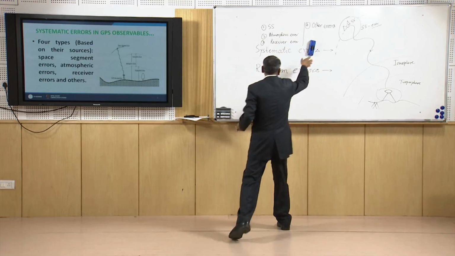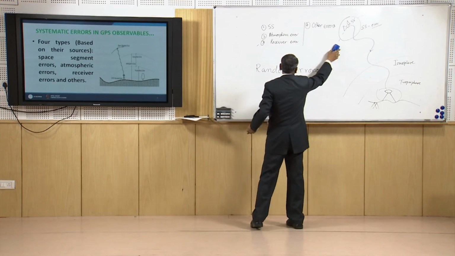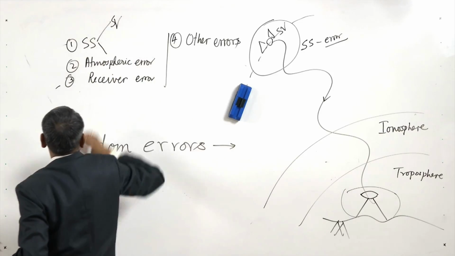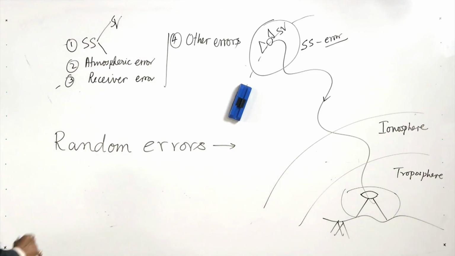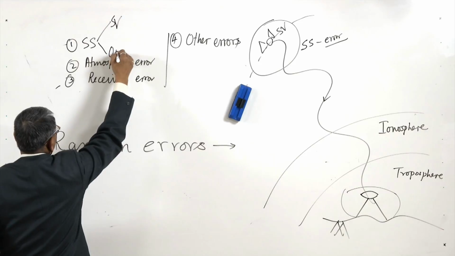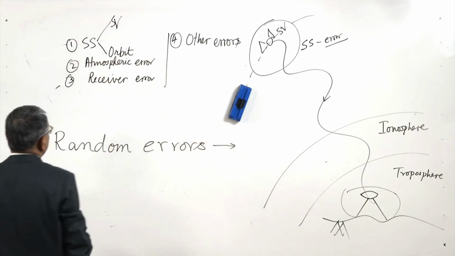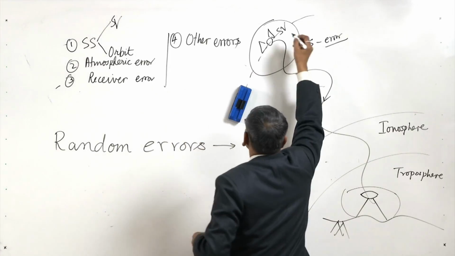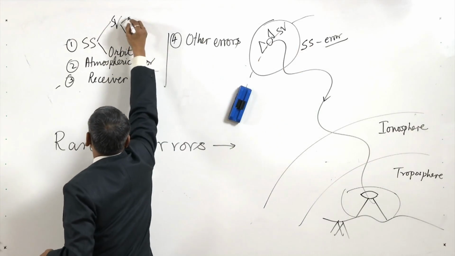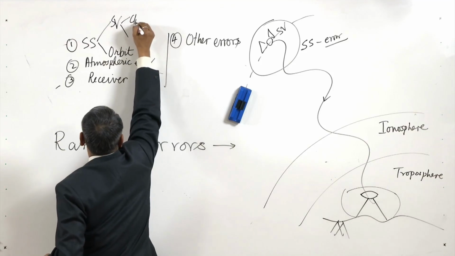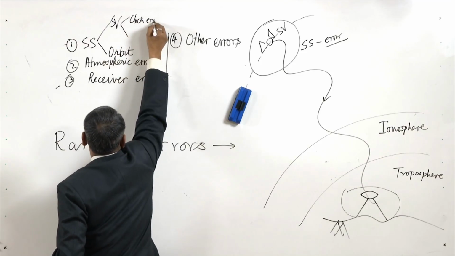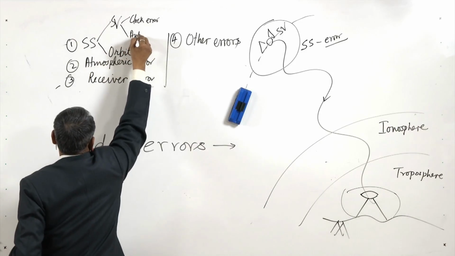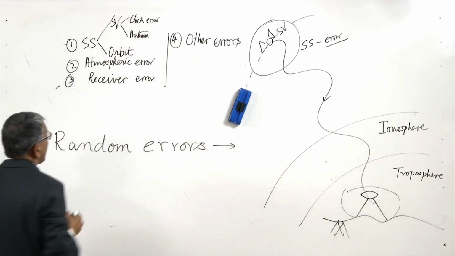Now the first is the space segment error. It has 2 types, one associated with the satellite vehicles and the other with the orbit. Again in the satellite vehicle there may be 2 types of error, one due to satellite clock error and the other due to satellite antenna phase error.